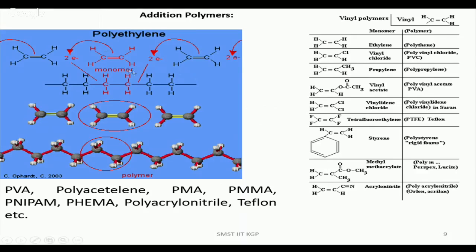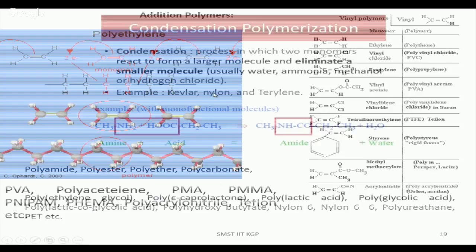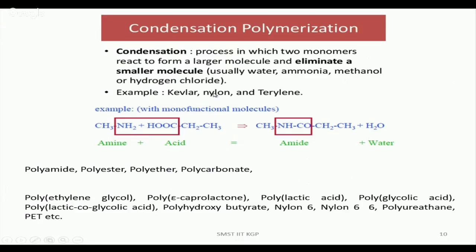And if we take acetylene and combine it together, we get polyacetylene, which is a conducting polymer. Today's LED TV, LED display, and all this LED revolution is because of conducting polymers. Very, very cheap.